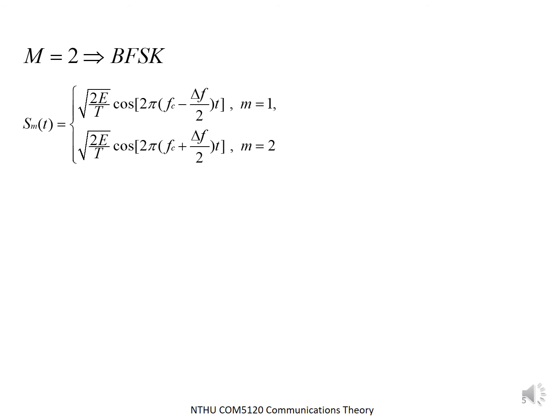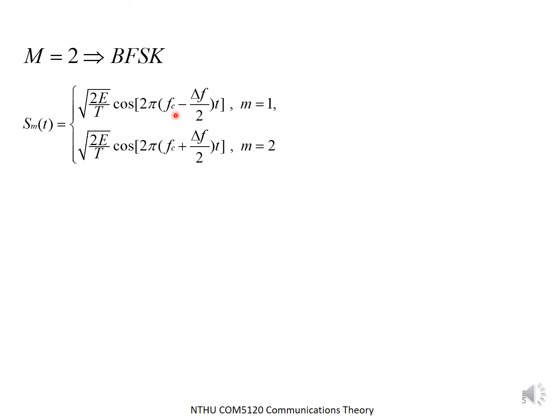Let's do an example. For M equal to 2, that means BFSK, binary frequency shift keying. There are two carrier frequencies. So M equal to 1 or 2, and there are two carrier frequencies.